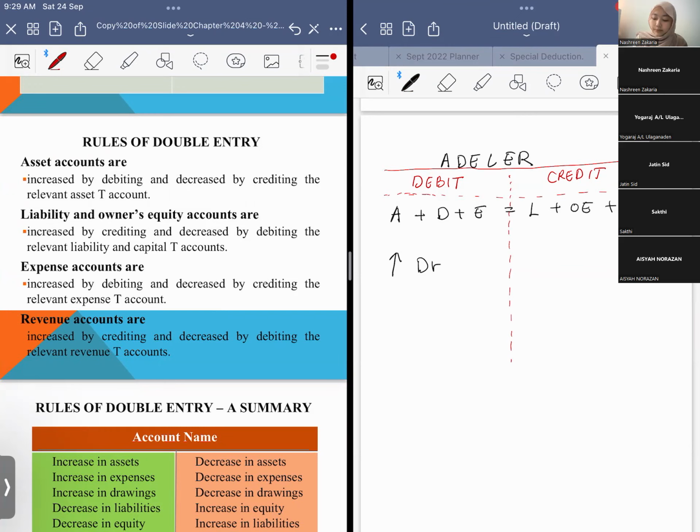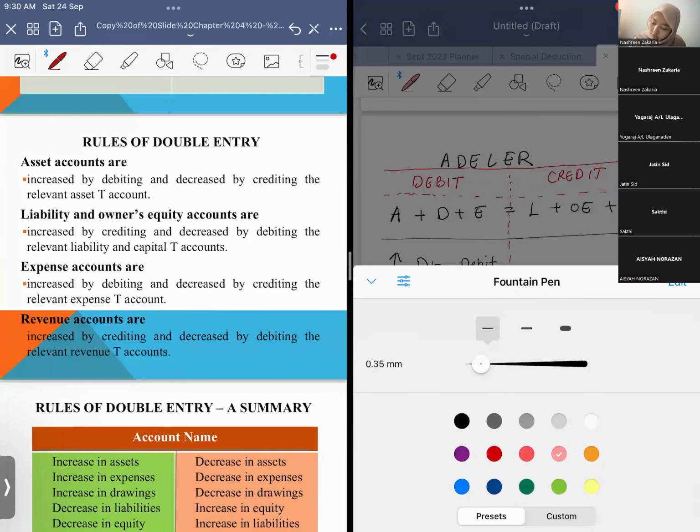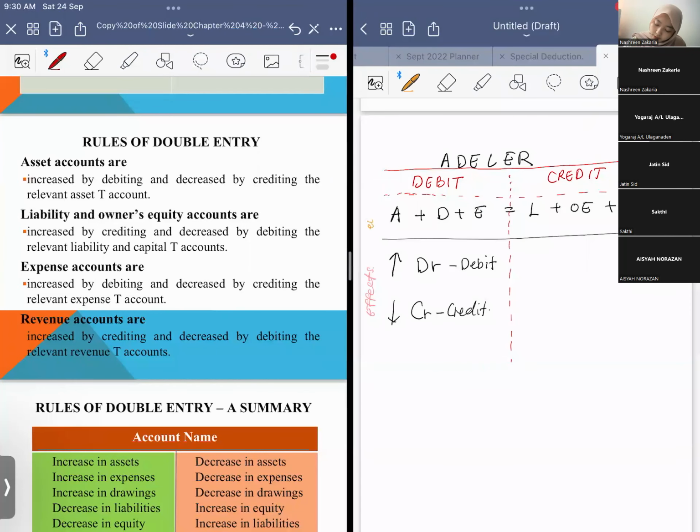DR is debit. If our asset is reducing or decreasing, we will record it under the credit side. So this is the effect. Up here are the elements.